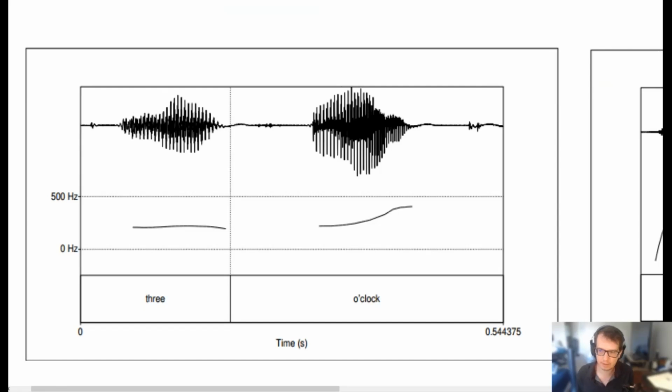You can actually hear when I say 3 o'clock that my pitch at the end is going up. This is what this little track represents when it goes up at the end. It rises. This is the pitch of what I'm saying.